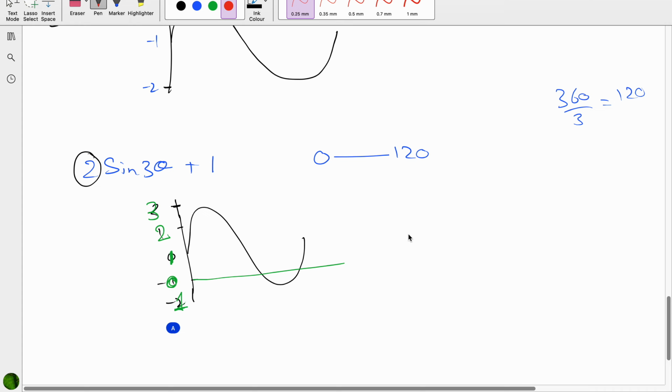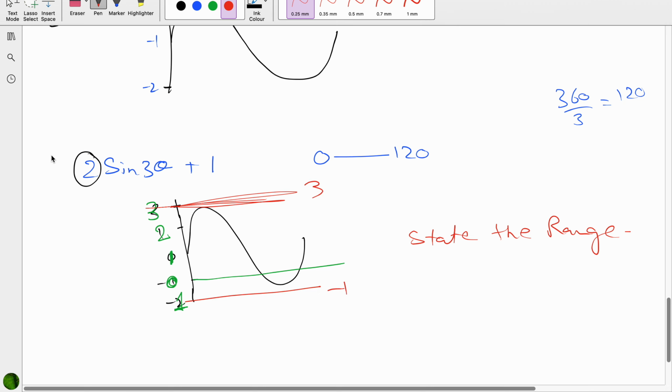Then we have a question which says, state the range. For this particular question, I can say that the range is from 3 to minus 1. So let's say this is a function, and I can say this function ranges from minus 1 to 3.